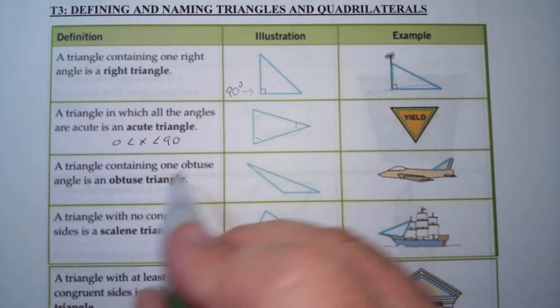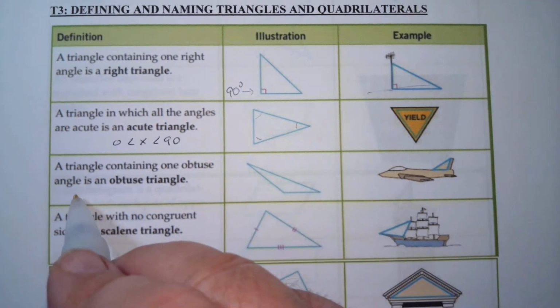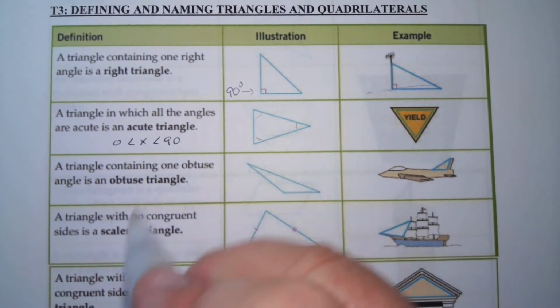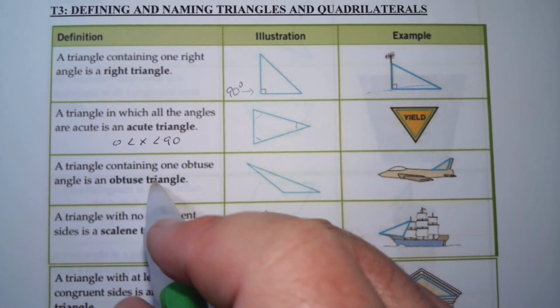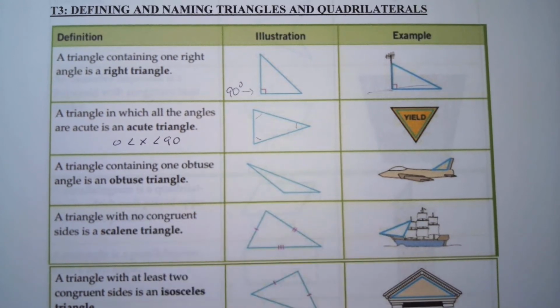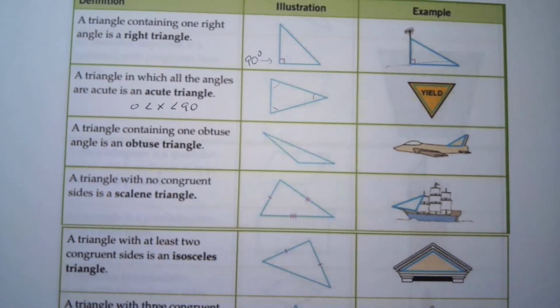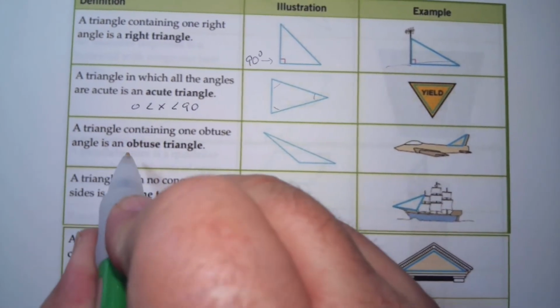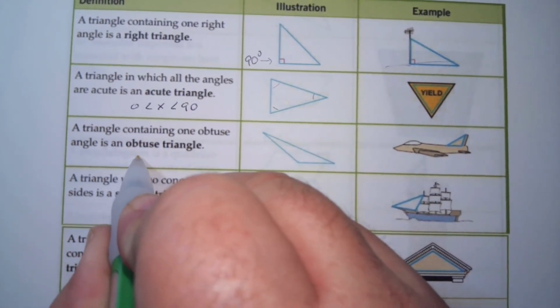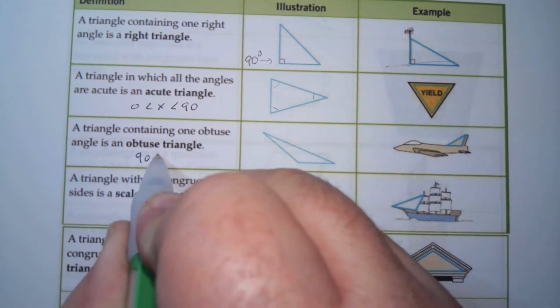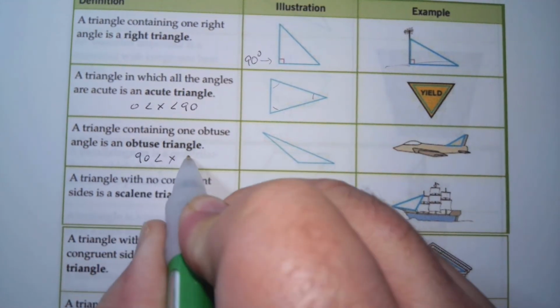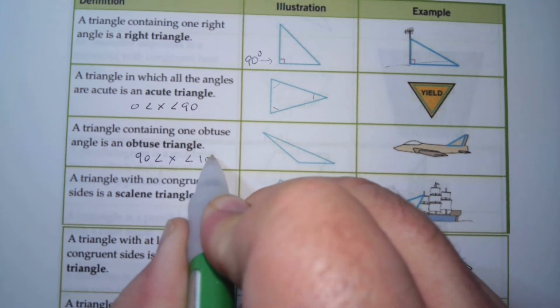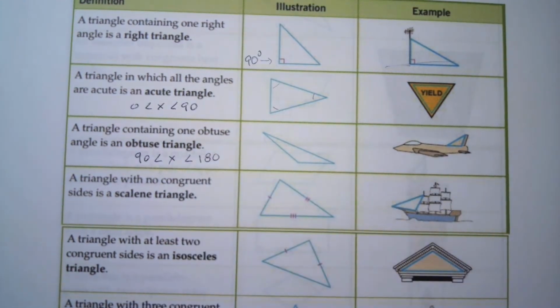Obtuse. A triangle containing one obtuse angle is an obtuse triangle. Okay, you cannot have more than one obtuse angle in a triangle. And we'll get to that in a little bit, but remember, obtuse angles are between 90 degrees and 180.